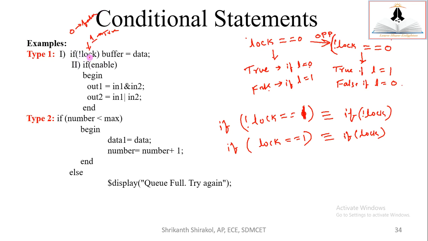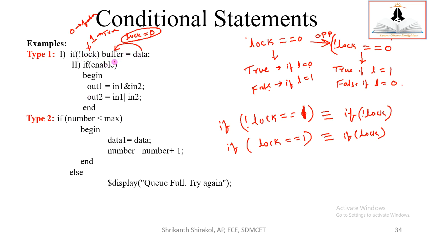So only then will buffer be assigned with data. That's the meaning. Buffer data gets assigned only if lock is equal to 0. Negation of 0 is 1, so if this is true, buffer gets new data. I hope the things are clear.